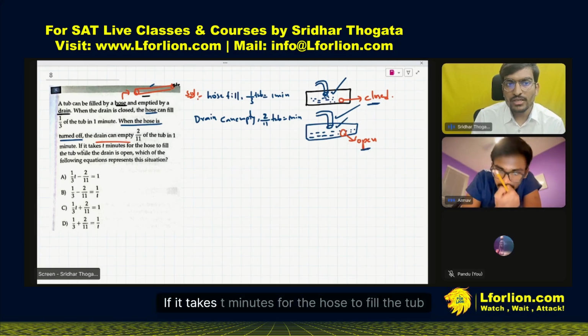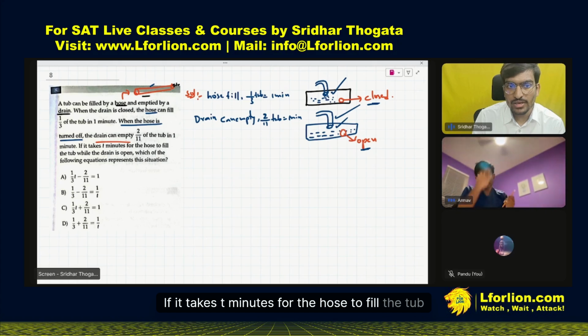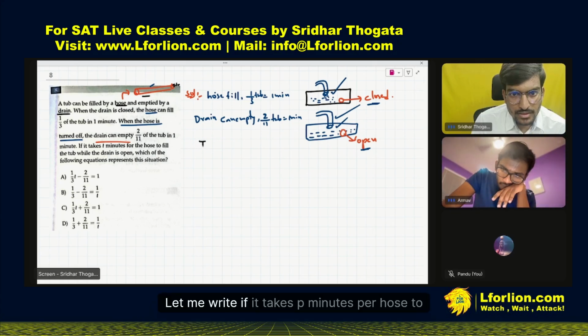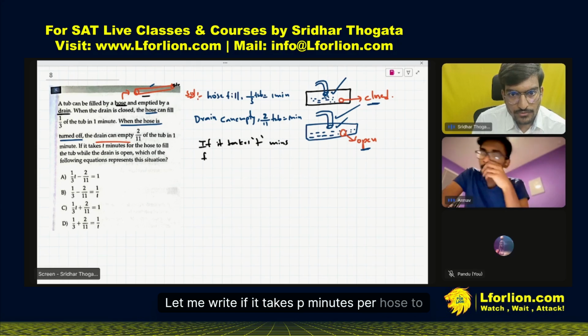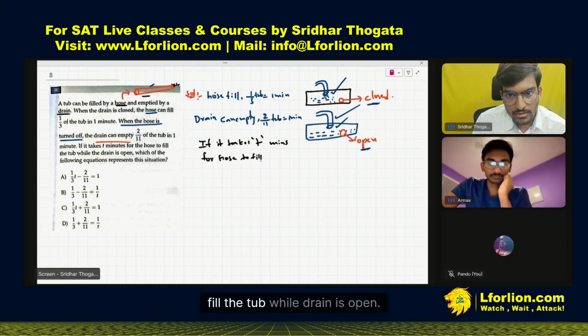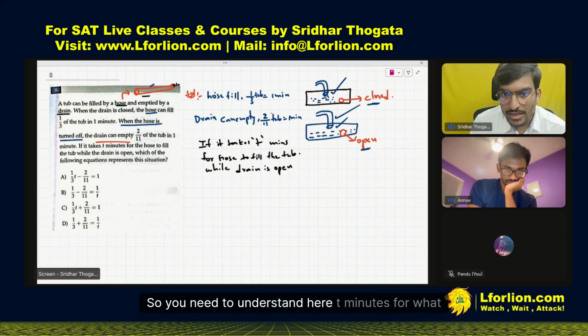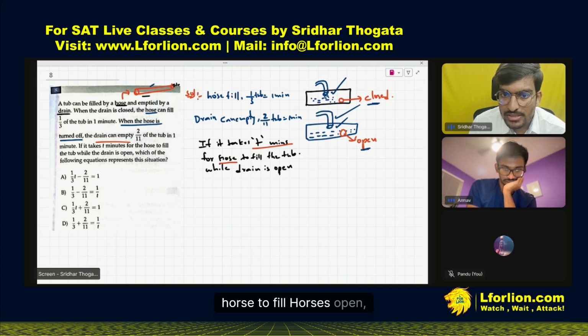Now, if it takes t minutes for the hose to fill the tub while the drain is open, which of the following equations can represent this situation? You need to understand here t minutes for what? For the hose to fill. The hose is open, the drain is open, both are working.